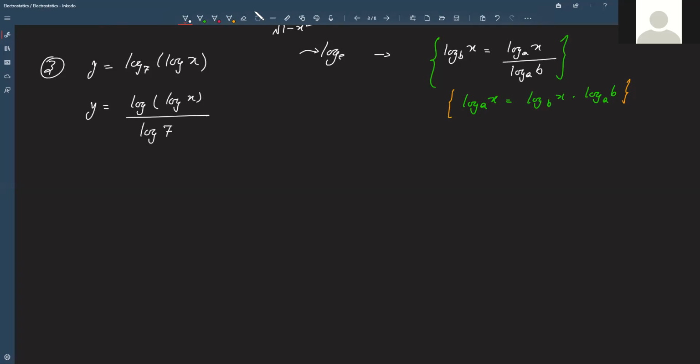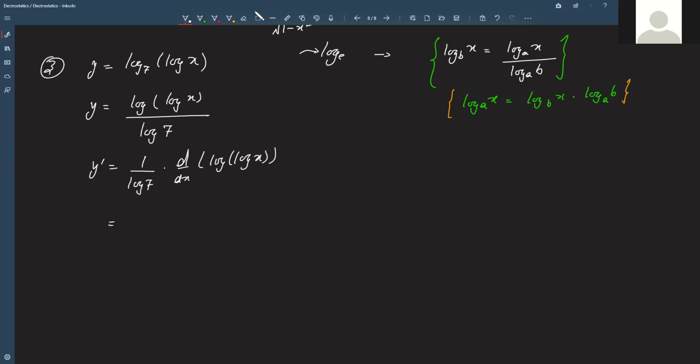Simple. So now y dash is this. log 7 is a constant, so take it outside, 1 by log 7, and it is to the base e, right? And then we have the function which we have to differentiate, that is log of x.